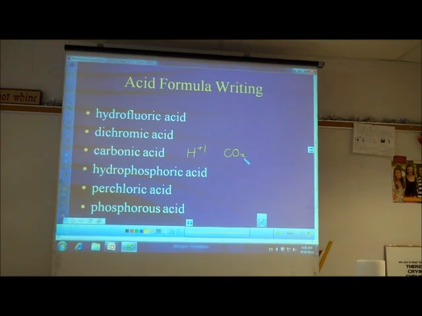And what is carbonate's charge? -2. The two charges here do not add up to equal 0, so I've got to do what I call the swap and drop method. So, what is the formula? You got it. Try the rest of these on your own, please. Go.